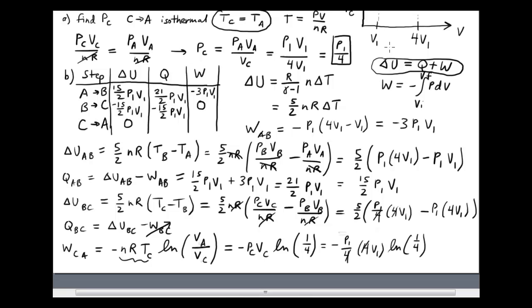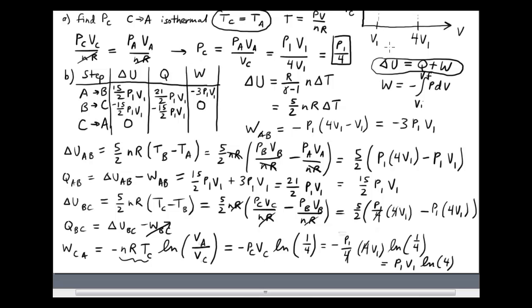And here, what's kind of neat is that if you have minus a logarithm, it's the same as having that logarithm to the -1 power. And so minus the log of 1/4 is the same as the log of 4 over 1. So when the smoke clears, the minus sign goes away, the log becomes log of 4, so this becomes P1 V1 natural log of 4.